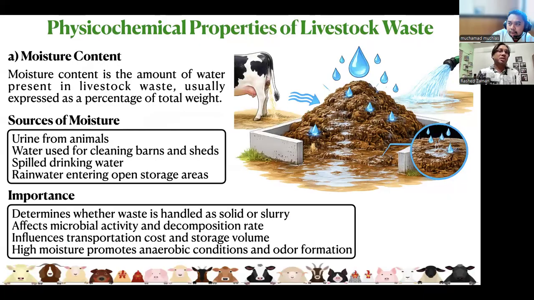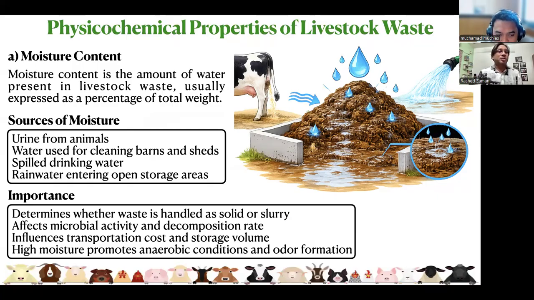Ultimately, moisture content determines whether the livestock waste will be in solid, semi-solid, or liquid form. If the moisture content is low, then the waste will be solid. If the moisture content increases, it will be semi-solid, slurry, or liquid, okay?